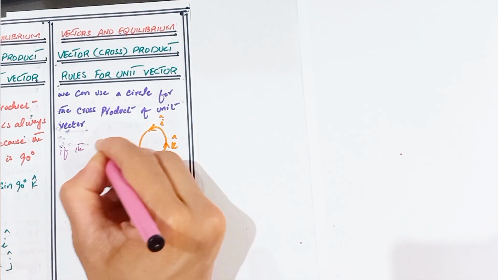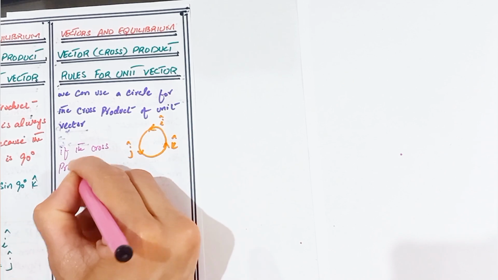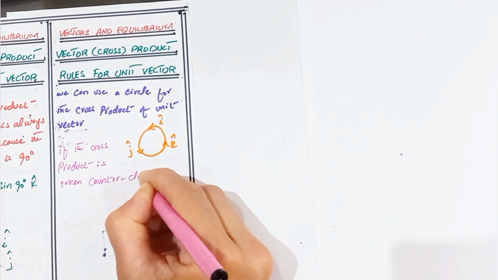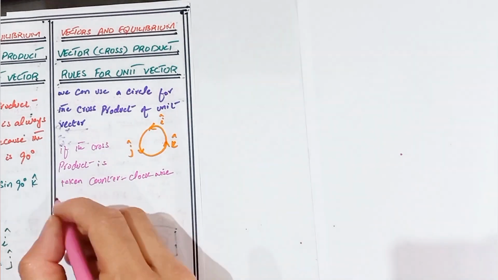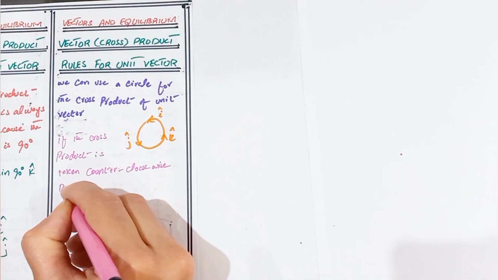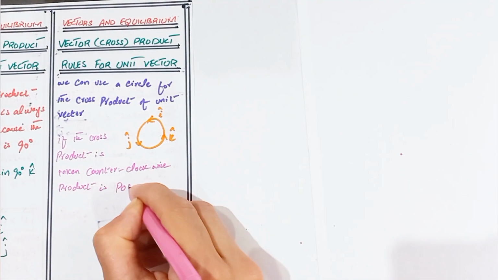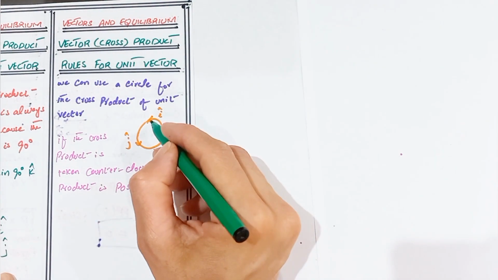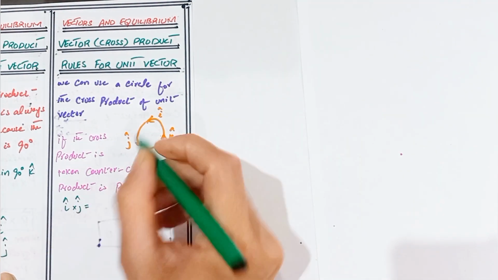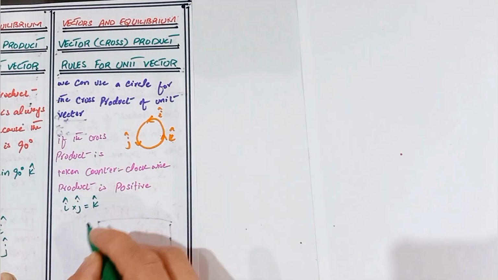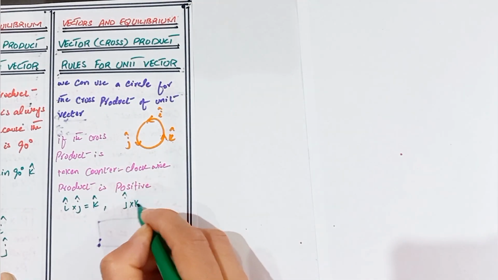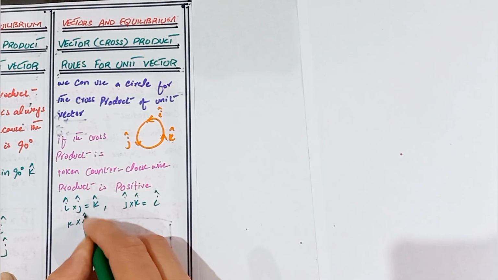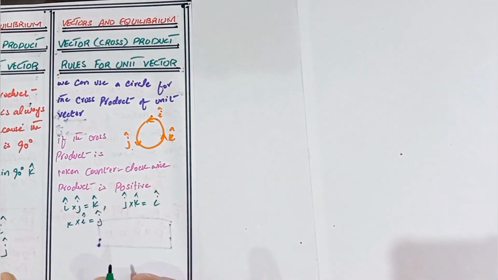If the cross product is taken counter clockwise, the product is positive. So here we write that I cross j unit vector is equal to k unit vector, and j cross k unit vector is equal to I unit vector. Similarly, k cross I unit vector is equal to j unit vector.